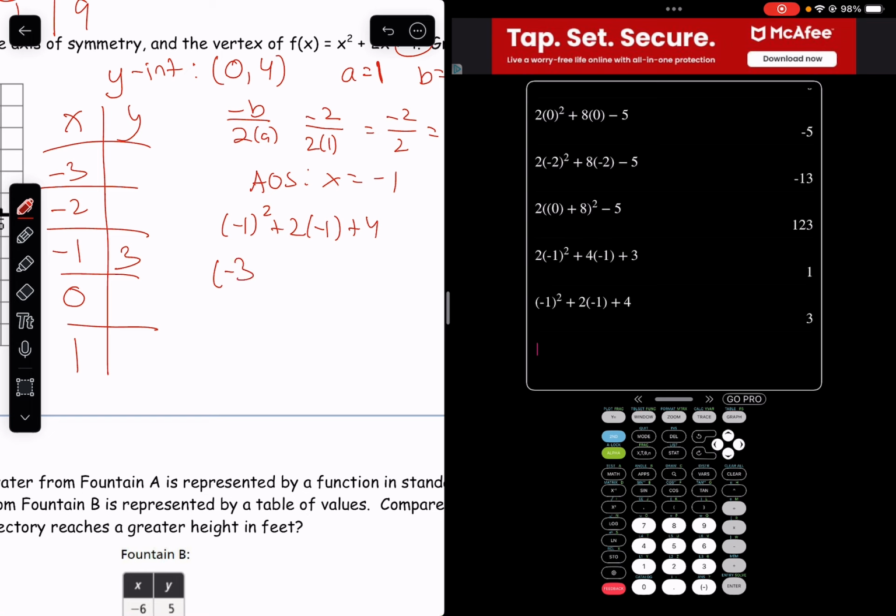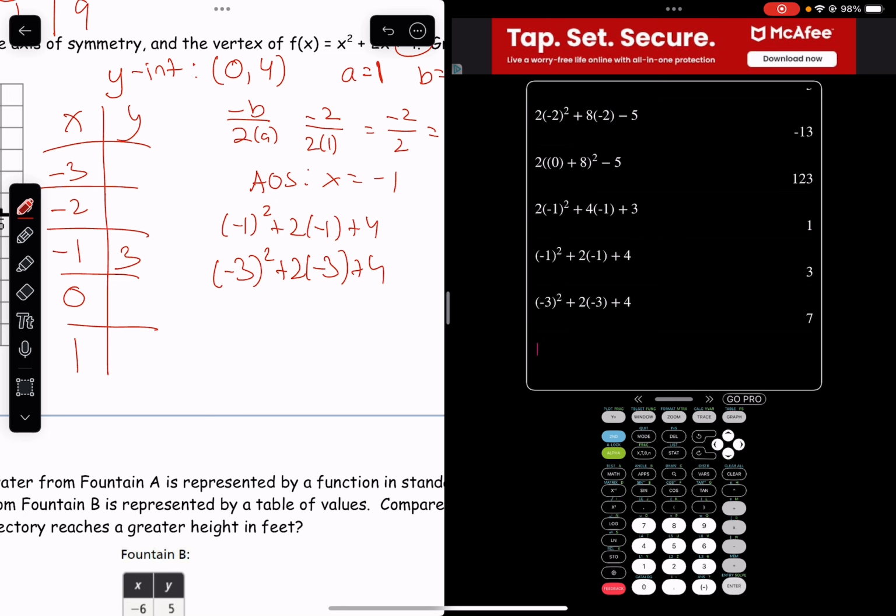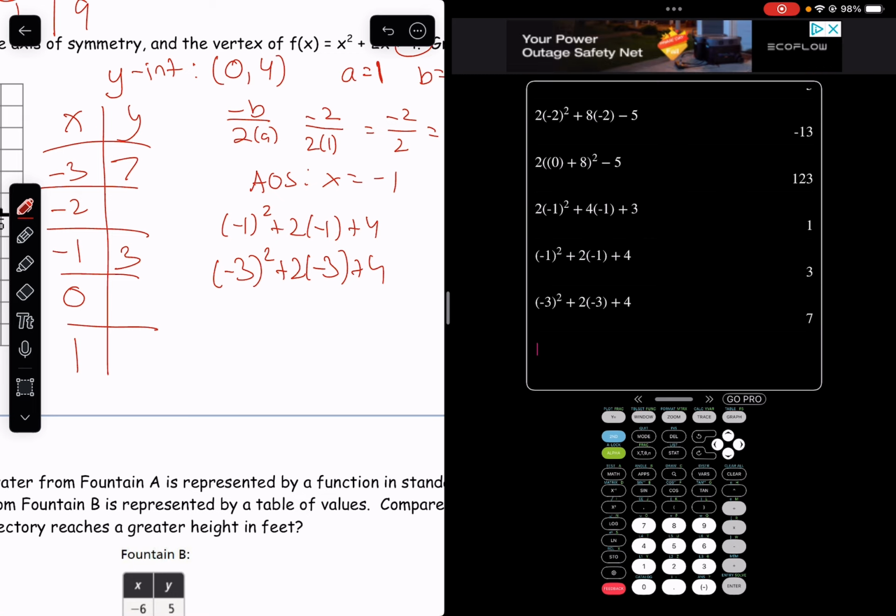So you would do -3 squared plus 2 times -3 plus 4. And then just plug that into your calculator. So my output here is 7. And you can plug in a -2, plug in a 0, and so on. We should already know what our output for 0 is, which is going to be 4, because that's our y-intercept here.